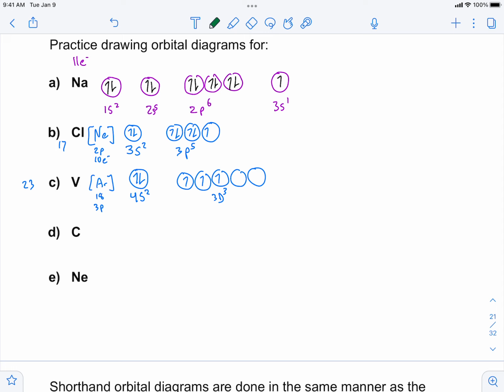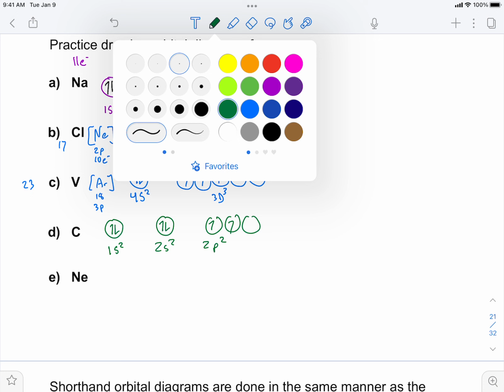Okay, so let's try the first one. So carbon's got 6 electrons. 1s2, 2s2, 2p2. First orbital, second orbital, and then 1, 2. You guys get that? All right.